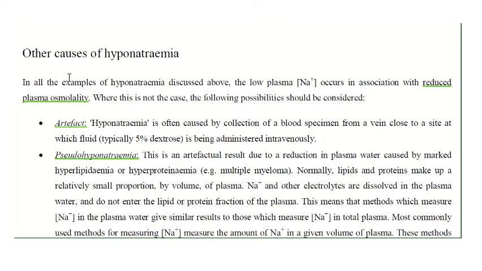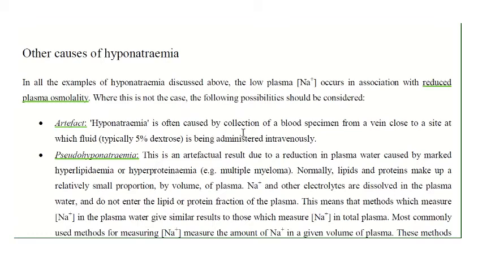Where this is not the case, إذا ما كانت هناك البلازما osmolality reduced, the following possibilities should be considered. احتمال هناك احتمالات أخرى يجب أن تؤخذ بنظر الاعتبار. مثلا واحدة من الاحتمالات أنه artifact.